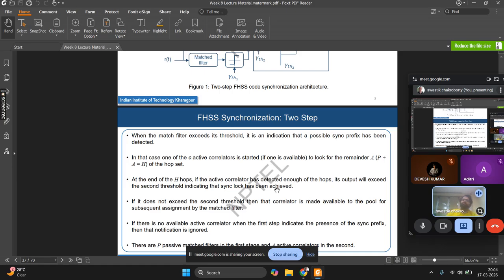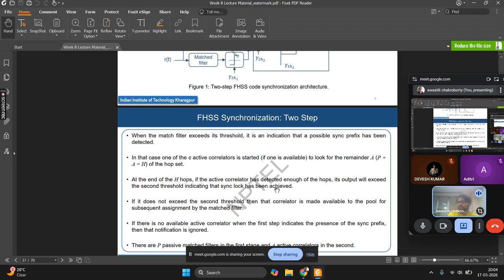So instead of always passing the signal through all the hops, you pass it through a matched filter. When the matched filter says there is a possibility of synchronization, only then, to finalize the synchronization, you pass it through a bank of active correlators, that is a parallel search.